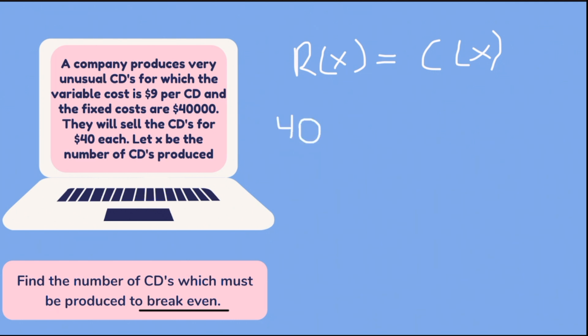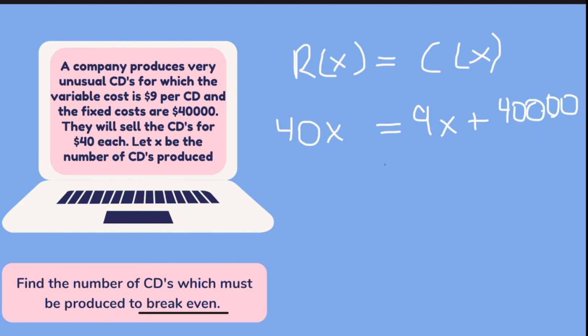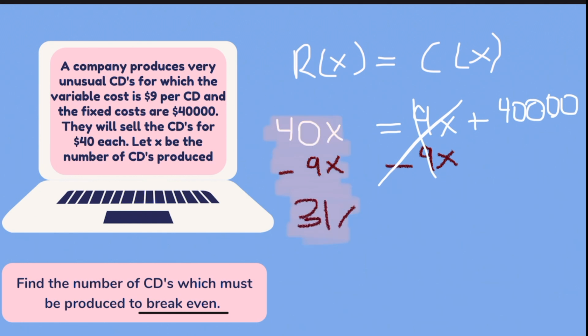So remembering our revenue function, that was 40x, we need to make that equal to our cost function, which was 9x plus 40,000. Doing some algebra here, we need to subtract 9x from both sides. The 9x on the right side cancel out, and 40x subtracted by 9x is 31x. We make that equal to 40,000.